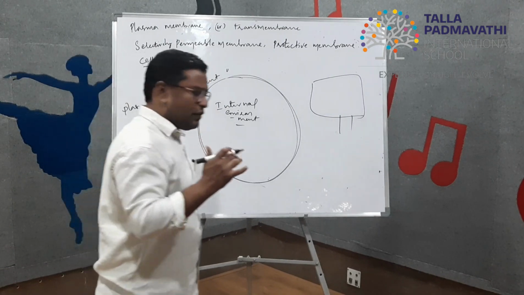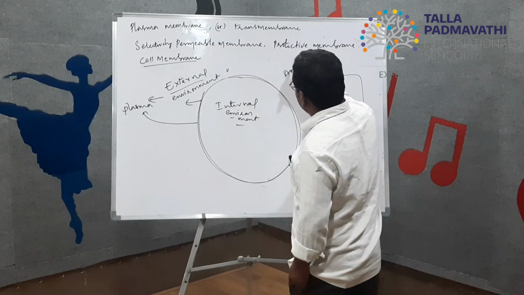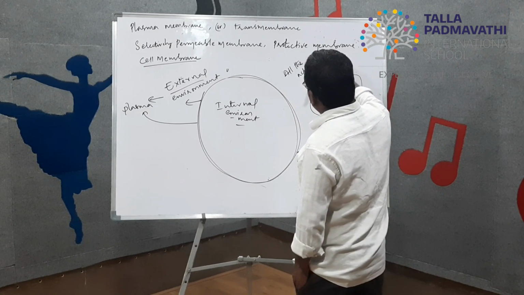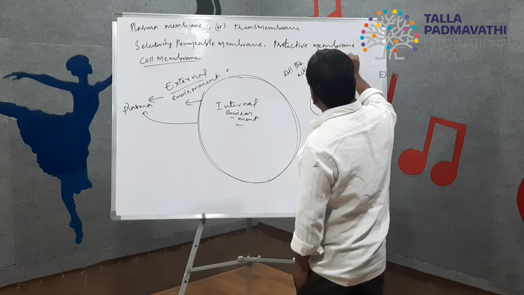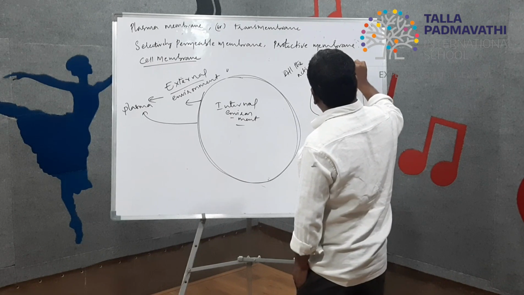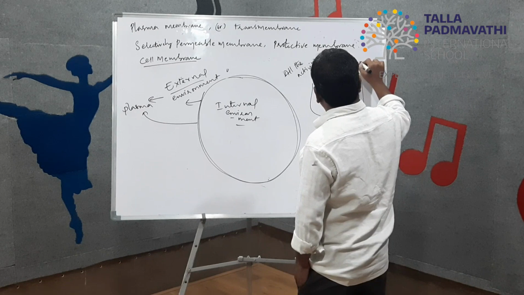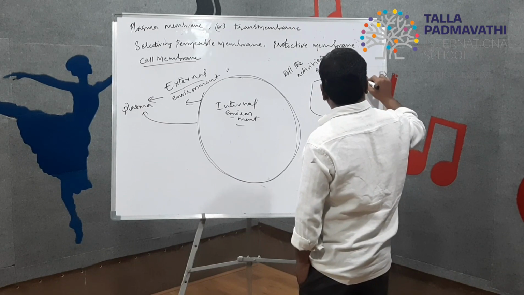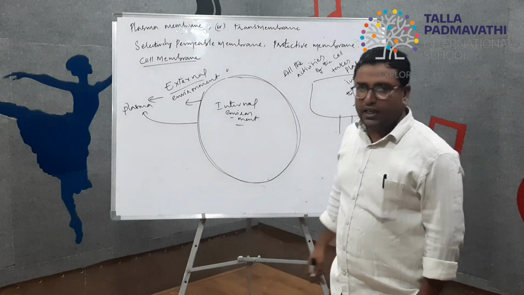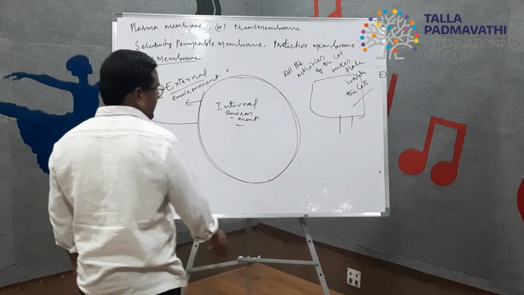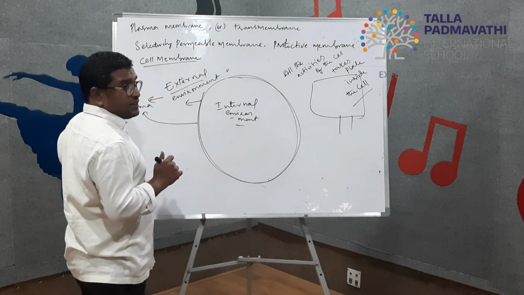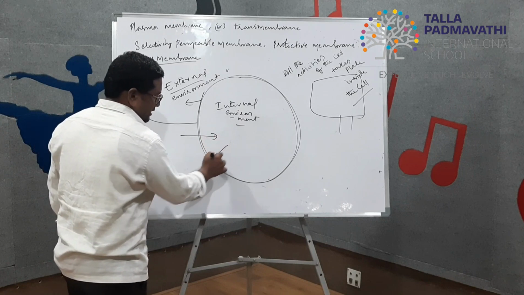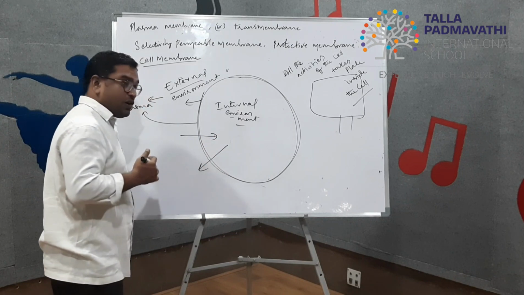All the activities of the cell take place inside the cell. It means something should enter into the cell and something should come out of the cell.